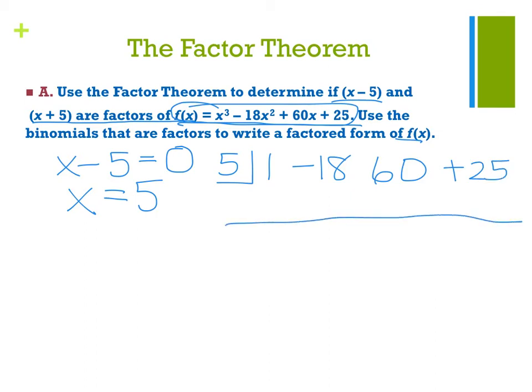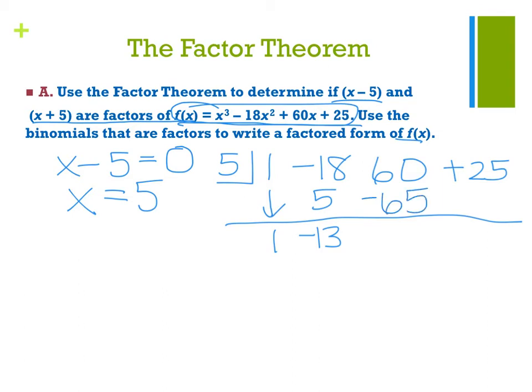If I carry out synthetic division, I drop down my 1. 1 times 5 is 5. Negative 18 plus 5 is negative 13. Negative 13 times positive 5 is negative 65.